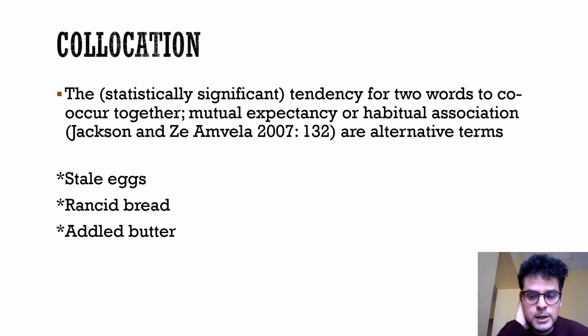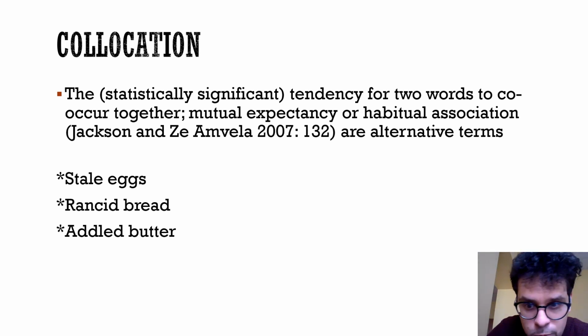So there is a strong mutual expectancy for stale to go with bread and rancid with butter, and so on. Of course, the interesting thing here is that this is not a symmetrical relationship, right? Because stale only collocates with bread and maybe a few other words, but bread collocates with a lot of words, right?